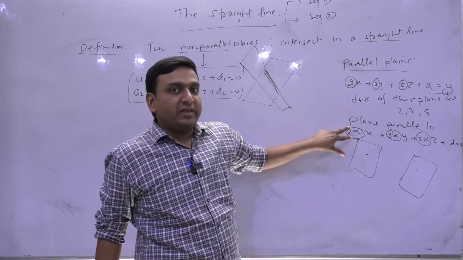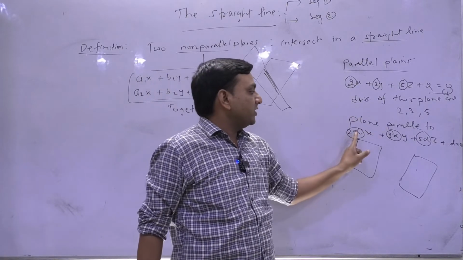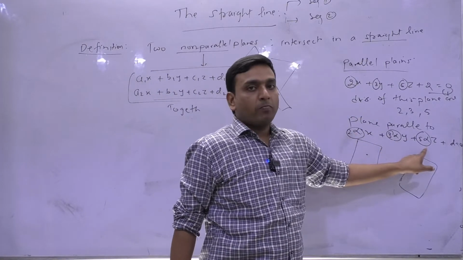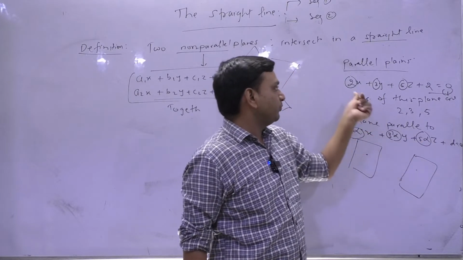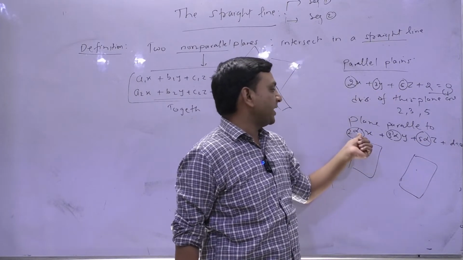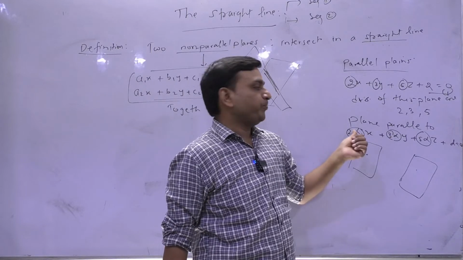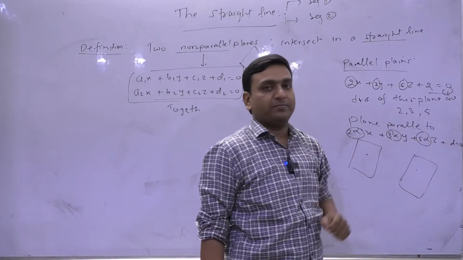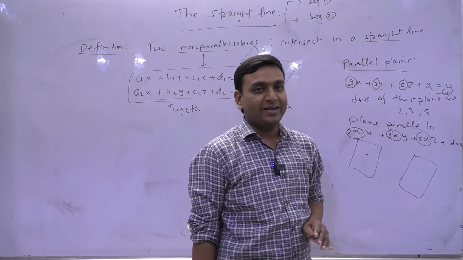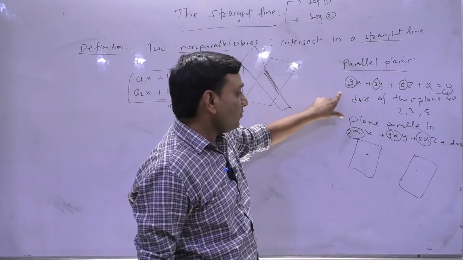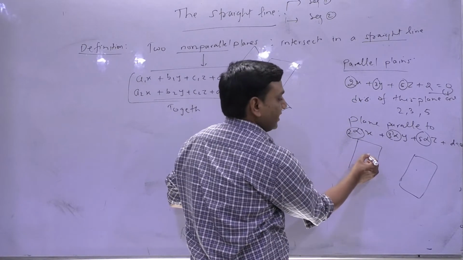Two parallel planes will have DRs in the same proportion: 2:3:5. If you write alpha as -1, we get -2, -3, -5. Getting it? So parallel planes are understood.